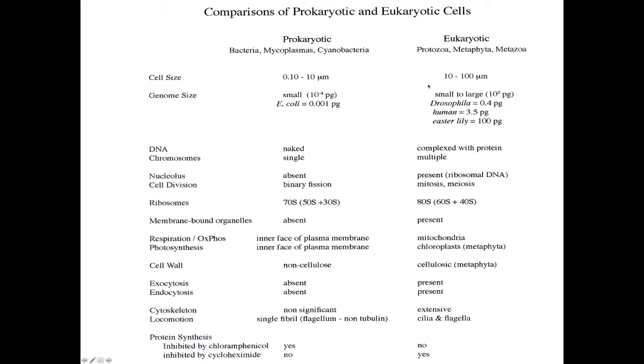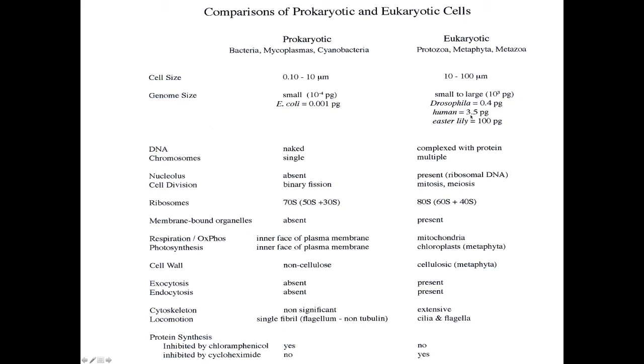The genome size is usually larger in eukaryotic cells as compared to prokaryotic cells, but be careful here. Genome size doesn't necessarily relate to complexity of an organism. For example, Drosophila has about 4 picograms of DNA.